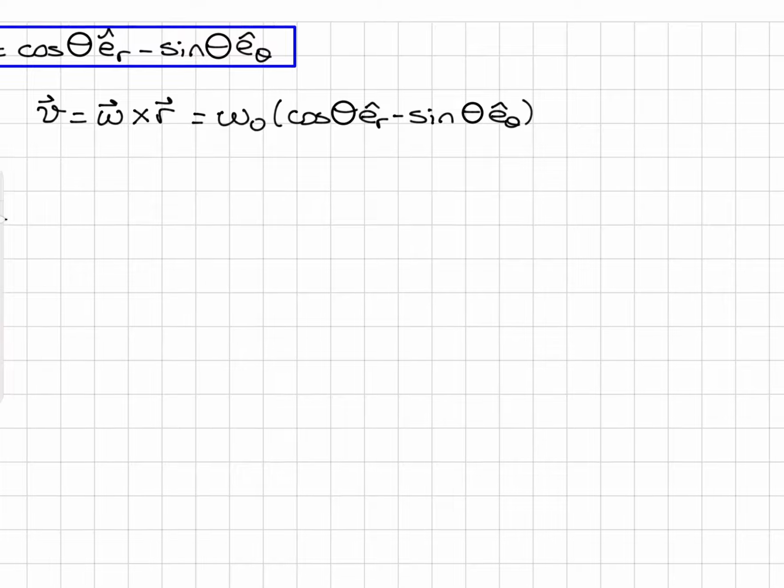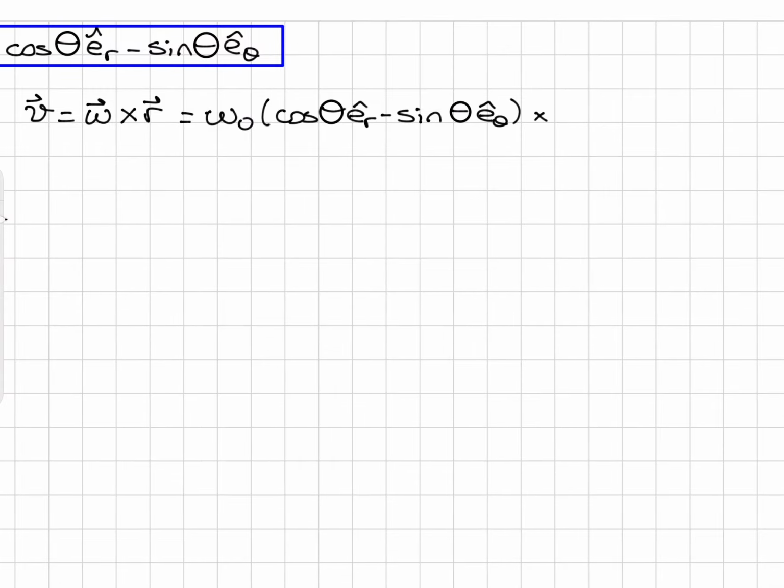I'm going to take the cross product of this with the position vector r0 in er hat direction. Since er hat cross er hat is equal to 0 because the sine of the angle is 0, I would have a contribution only from the e theta hat cross er hat term.